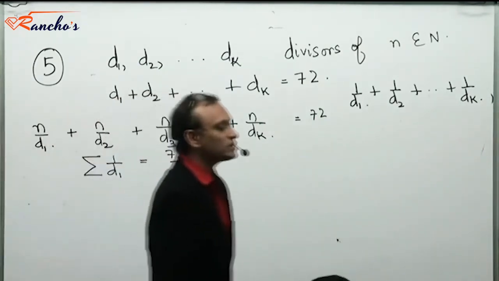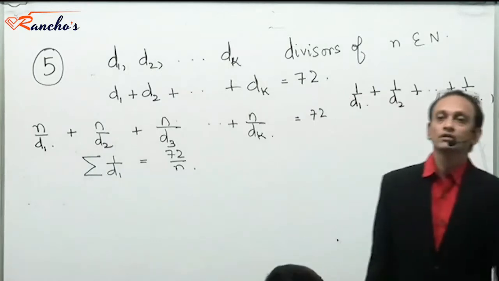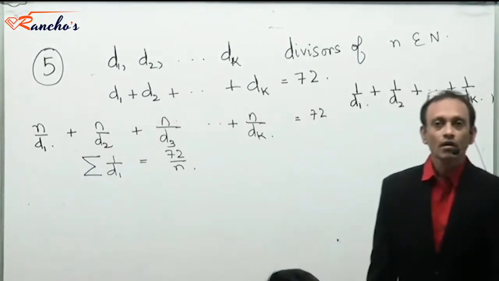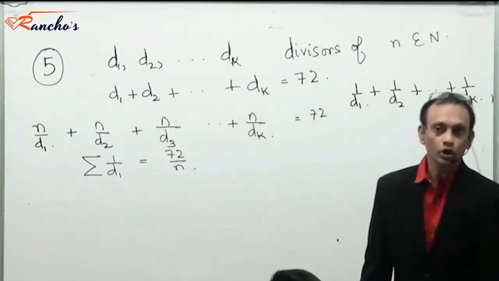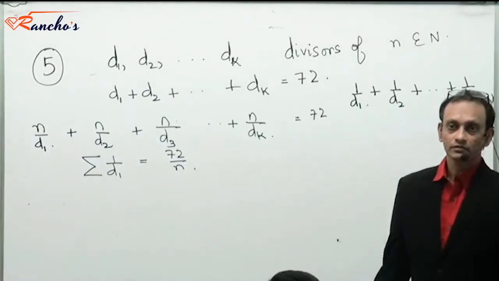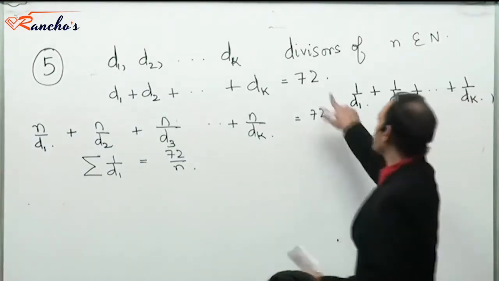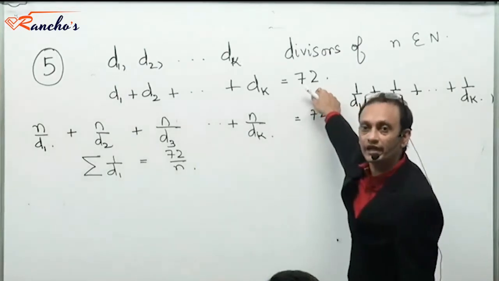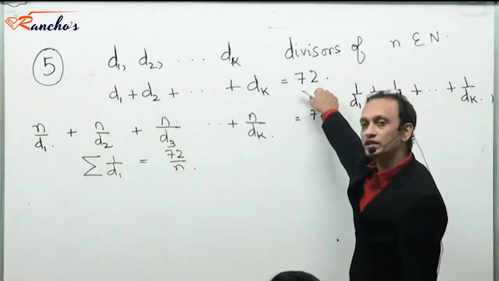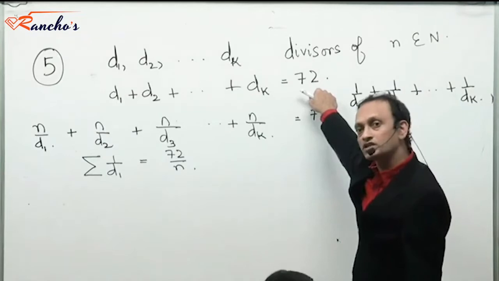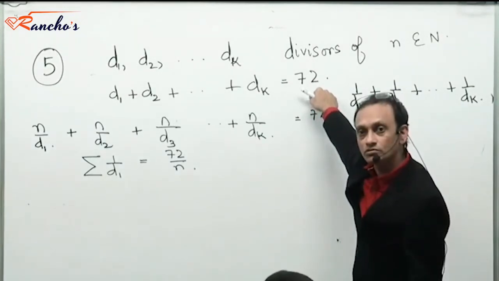It is not like there is a one-to-one relationship between the sum of the divisors and a natural number n. That may not be the case. We are assuming that. What you are saying is this should uniquely determine n. No. How is n uniquely determined? There can be many values of n such that the sum of the divisors is 72.